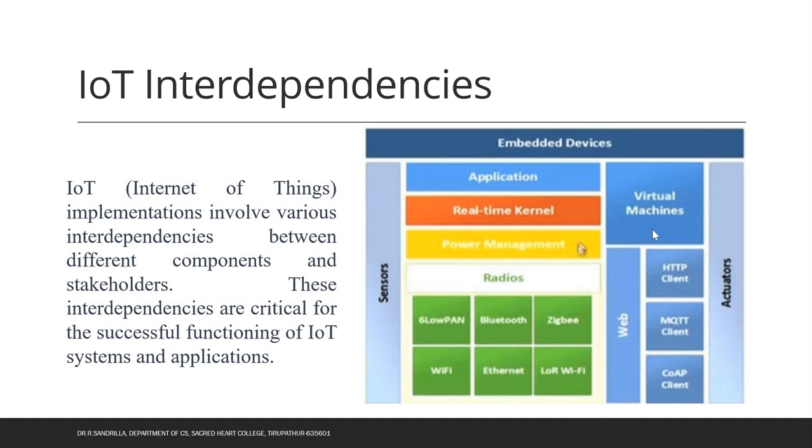We also have virtual machines, which take care of the virtualization of the nodes. There are different application-level protocols like HTTP client, MQTT client, and CoAP client, which help the functioning of the Internet of Things. All these together constitute the horizontal embedded devices. So these are the IoT interdependencies.